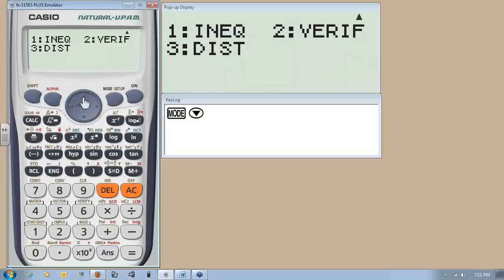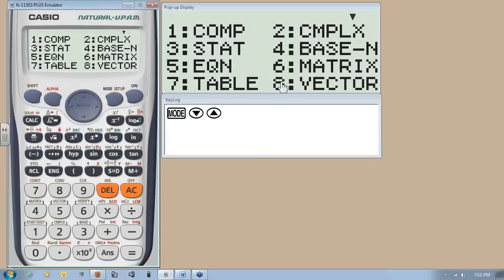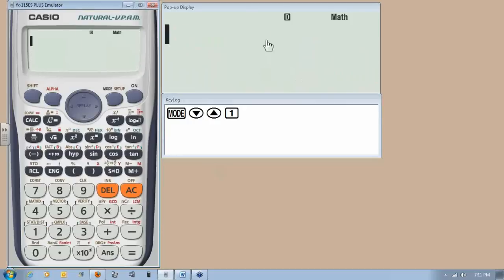We can do inequalities, vectors. Yes, this calculator does do vectors and it does a very nice job with them. It does tables, matrices, equations, base N, statistics, complex numbers, and just computational. So I'm just going to go into mode 1. That gets me back into mode 1, so that means I'm ready to go.